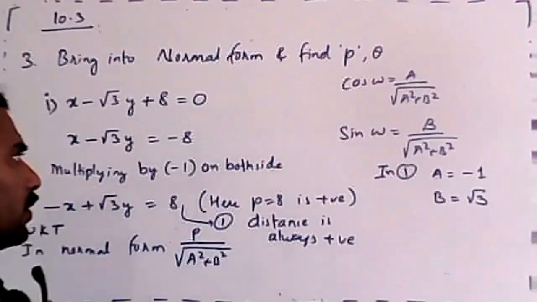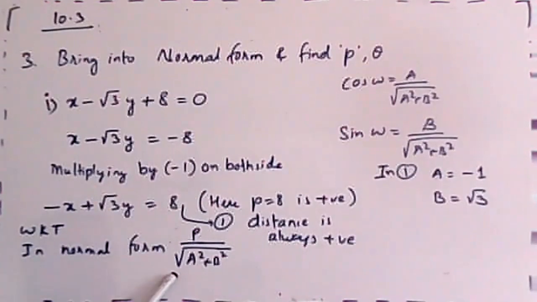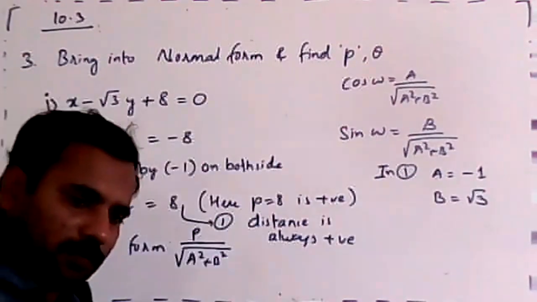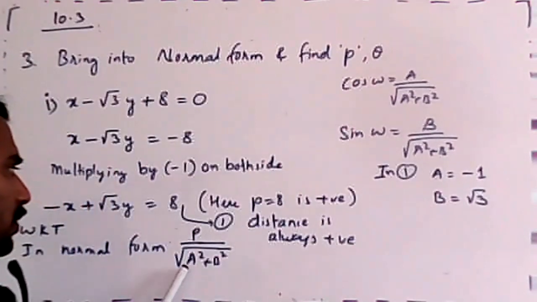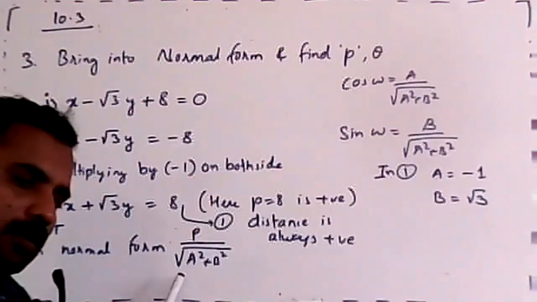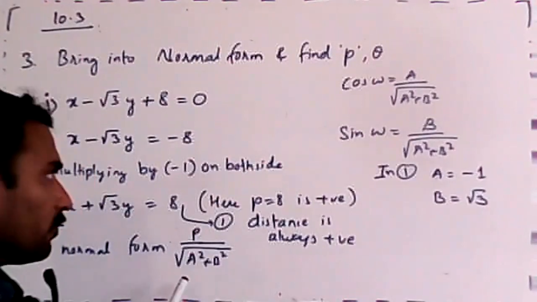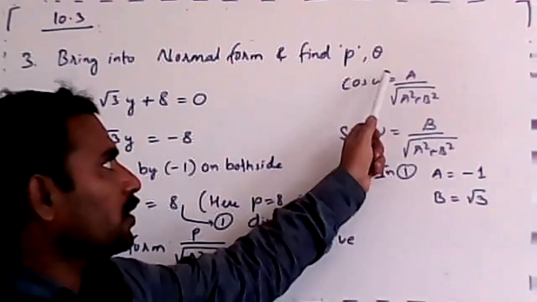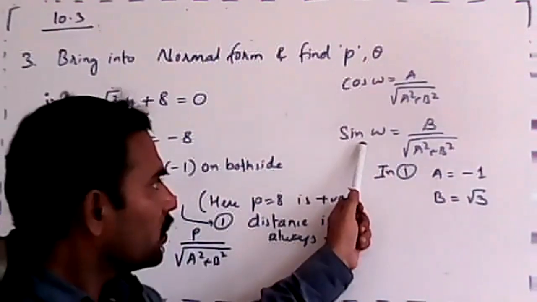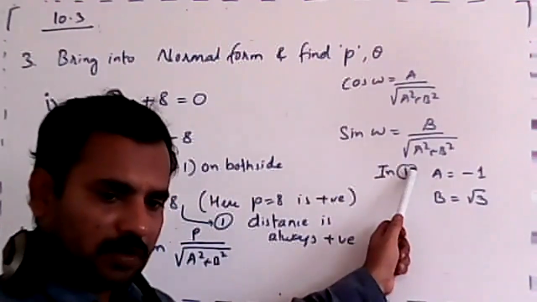We have already taken the derivation also. We did the derivation, and in the derivation we learned this, right? In normal form, p will look in this way, cos omega also looks in this way, and sin omega appears in this way.